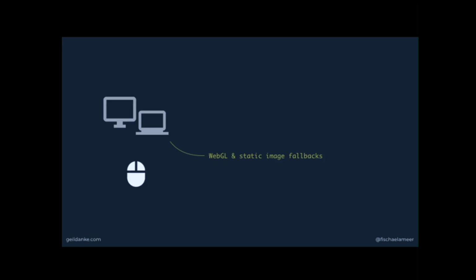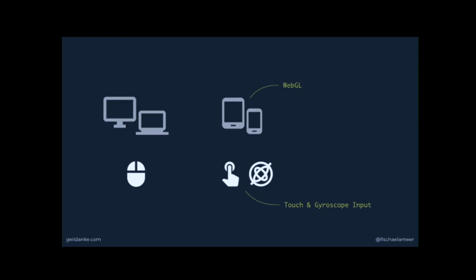Okay, talking about cross-browser support. In a perfect world, our prototype would work within every browser, but of course with fewer features in older browsers. So, for example, a browser not capable of WebGL would get a static image, and a browser capable of WebGL would get a 3D WebGL application that works with the mouse or the keyboard. Then, on mobile devices, we want to make use of the touch input, and more importantly, the gyroscope, to create a more engaging application.